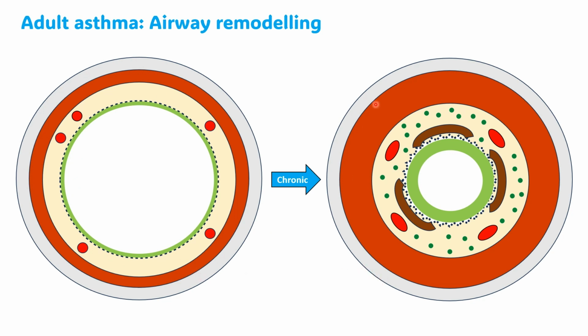So we can see from the diagram that the epithelium is inflamed. It's inflamed, and the damaged epithelium releases inflammatory mediators, cytokines, and different growth factors which promote tissue remodeling. There's also increased production of nitric oxide due to activation of nitric oxide synthase.